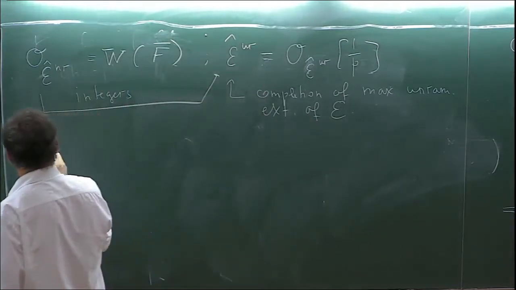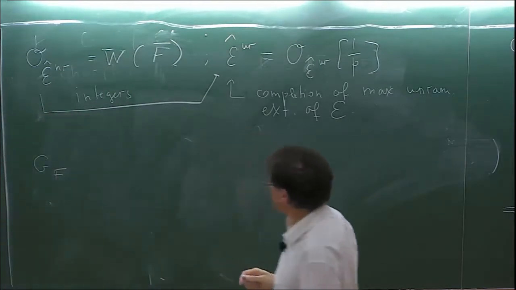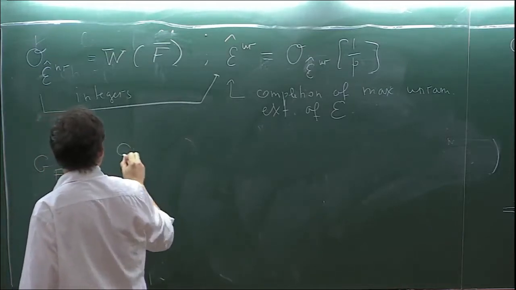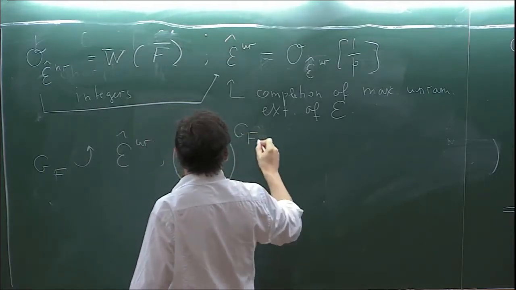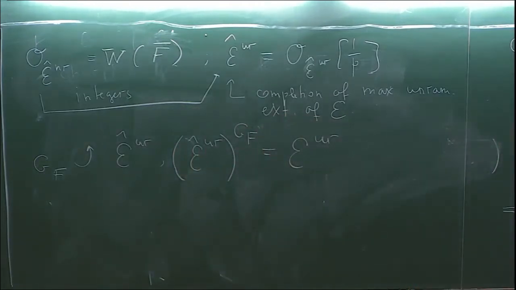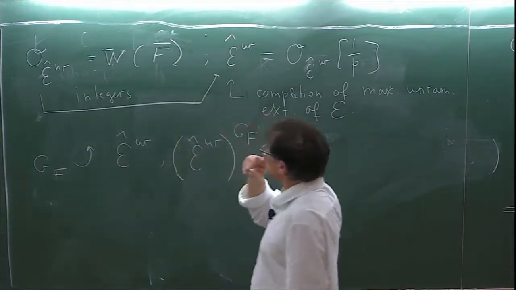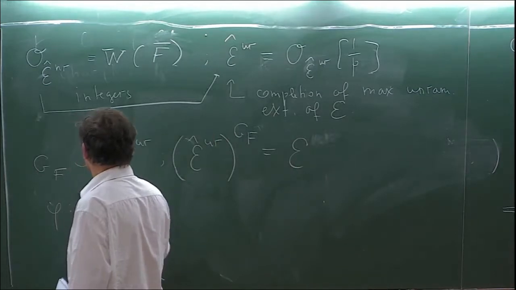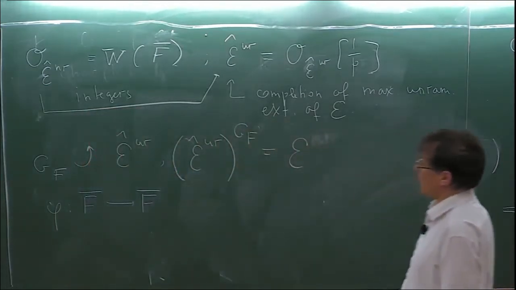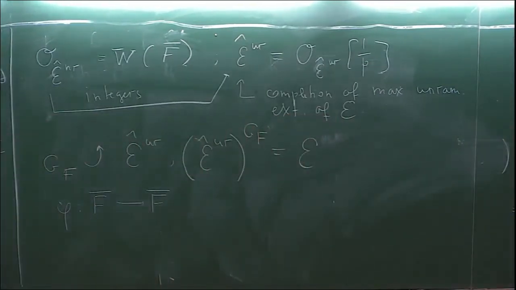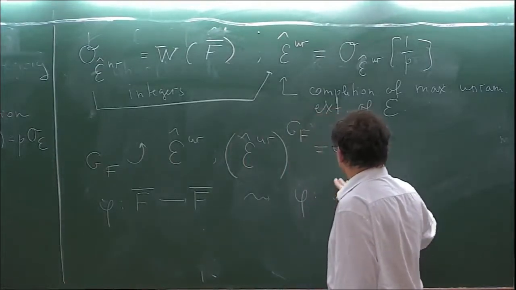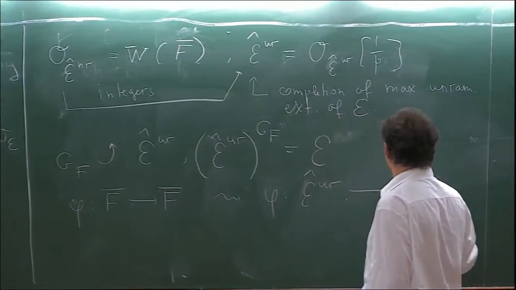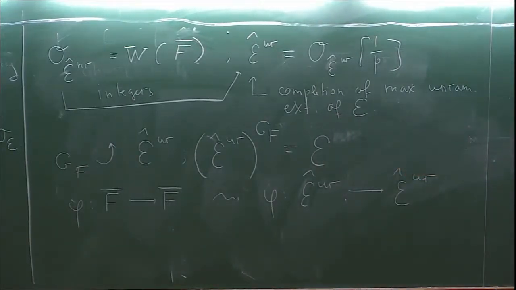First, we have the continuous action of the Galois group of F, and the invariants are exactly elements of E. And also we have a Frobenius operator on F bar, which induces Frobenius on Witt vectors. So we have two structures.